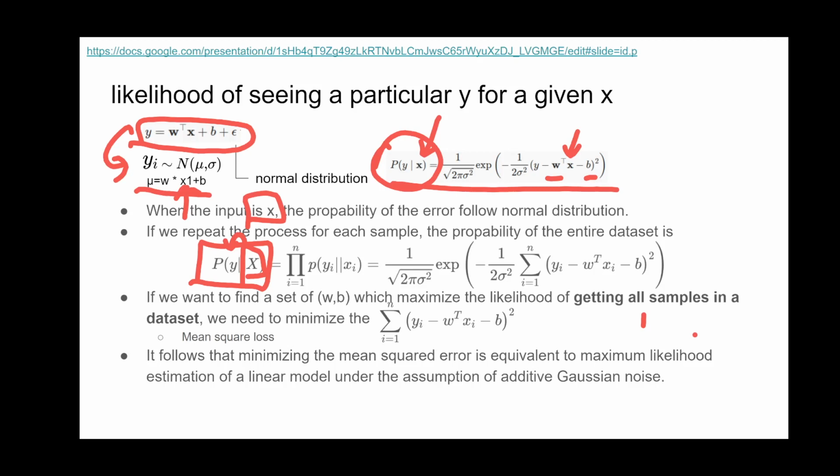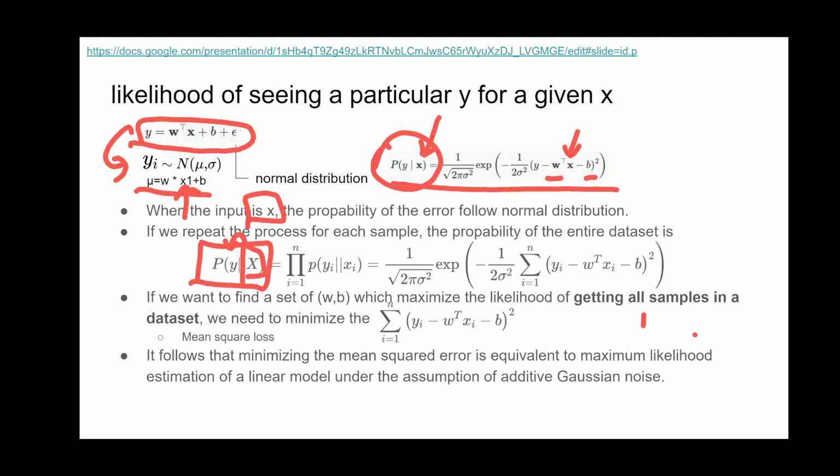This is the same error we use in the data fitting problem in linear algebra. So both methods get the same answer. This is why we always use the mean square loss in regression problems.